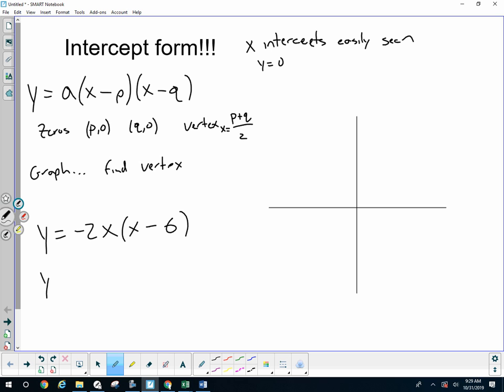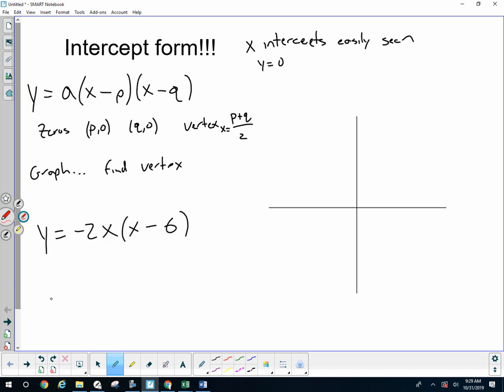Hopefully you realize that this negative 2x should not be scary. You can write it as x minus 0 if you really wanted, though it's not necessary, because you should be able to see if this is 0, everything is 0. If this is 6, everything is 0.